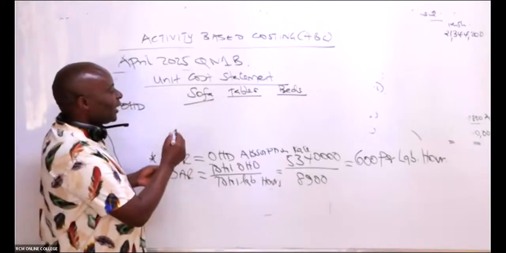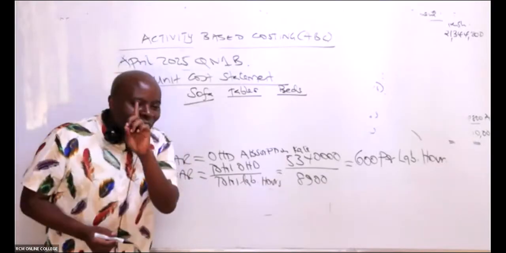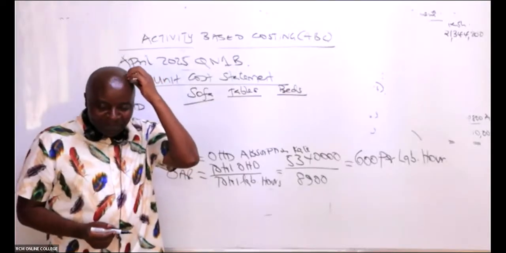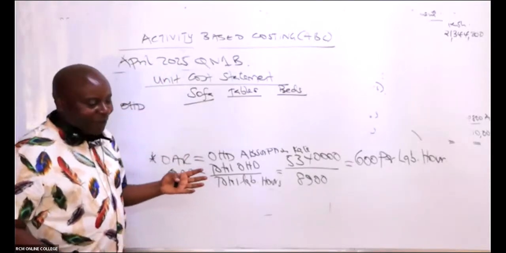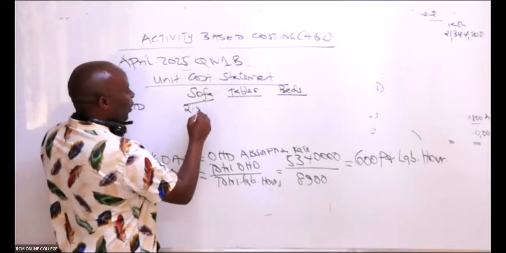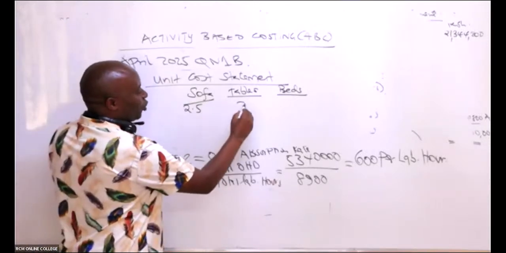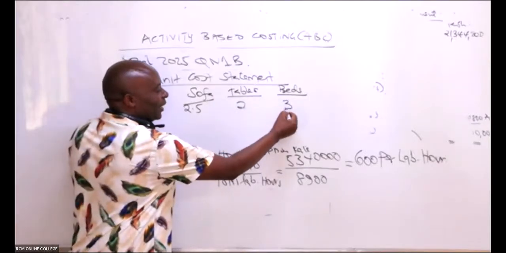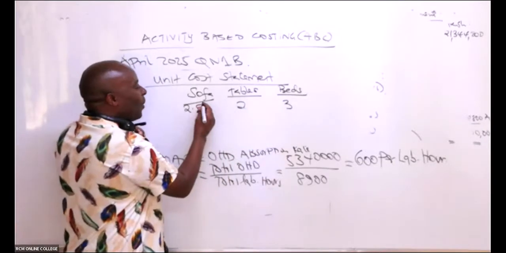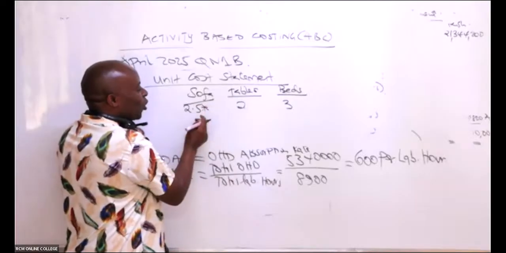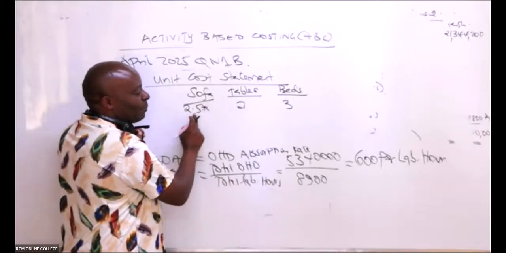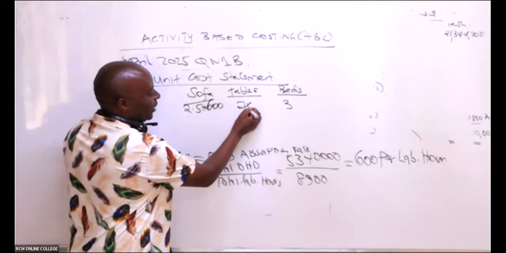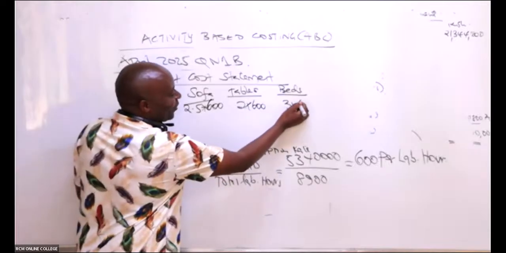How many hours do you need to make one sofa? It's given there, 2.5. Tables, 2 hours to make one table. And beds, 3 hours. And the overhead cost per hour is 600.